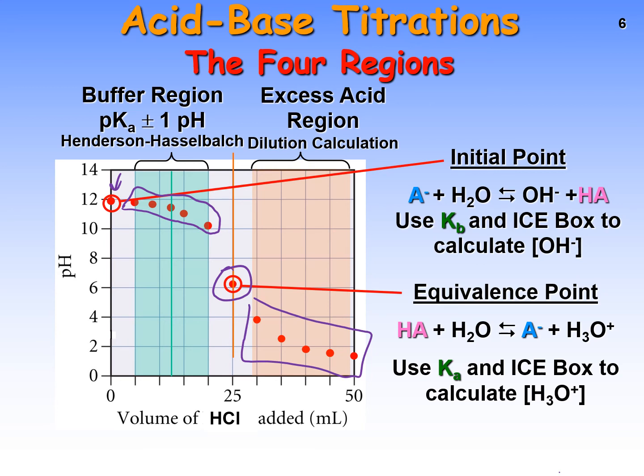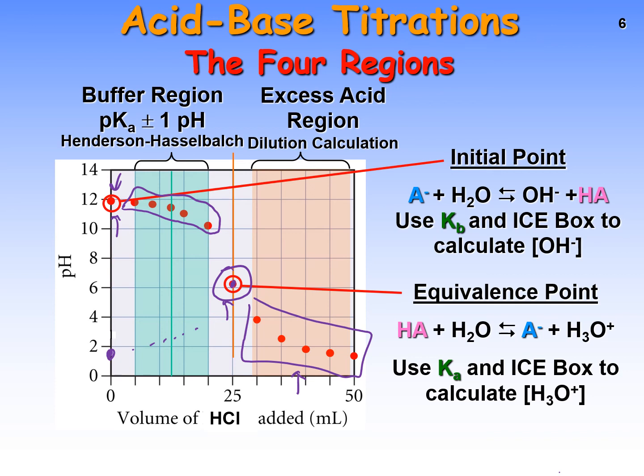They're very, very similar. The main two differences are here, and here. The buffer region tends to be the same thing. In a weak acid, strong base titration, you're starting down here because you just have a weak acid by itself. You use a Ka, H3O plus. In the buffer region, you're going to use the Ka and a neutralization step, and then Henderson-Hasselbalch.